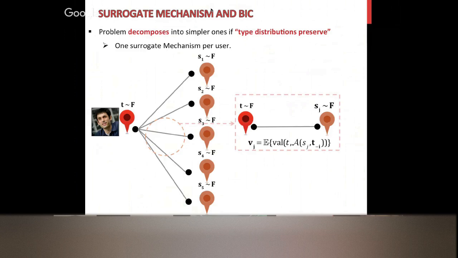Now you're worried that originally you pick each of the Si from F, so that part is fine, but whatever algorithm you're running may correlate T and Si, such that their joint distribution is not a product distribution. Good.